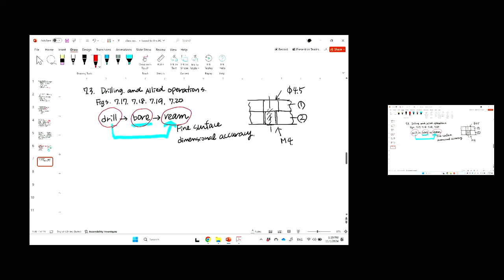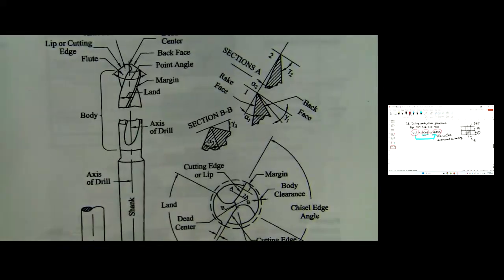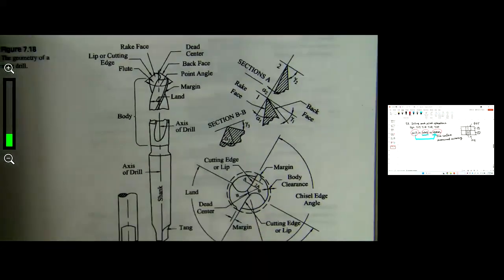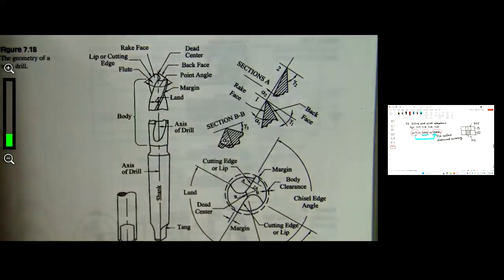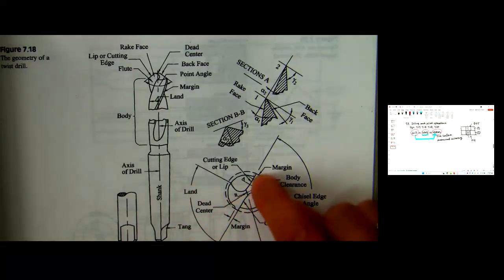So anyway, drill, and then what procedure you take depends on the application. That's on you. And then more detail, like this is terminology. You can probably go review by yourself. Like the rake face, right? And then maybe what is important is the cutting edge. This is a cutting edge, right?